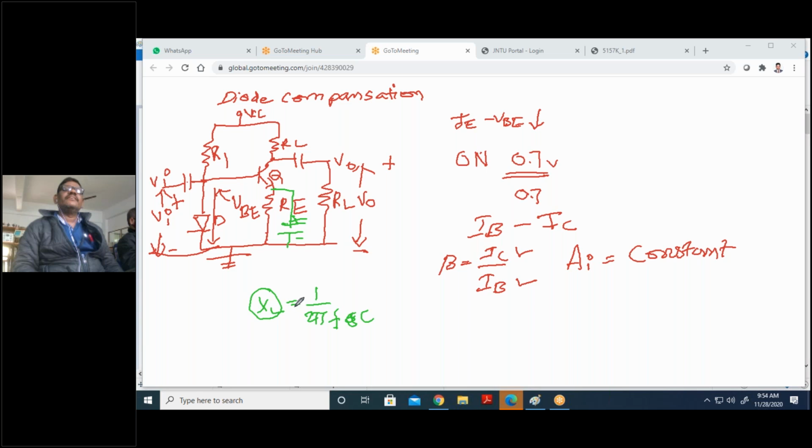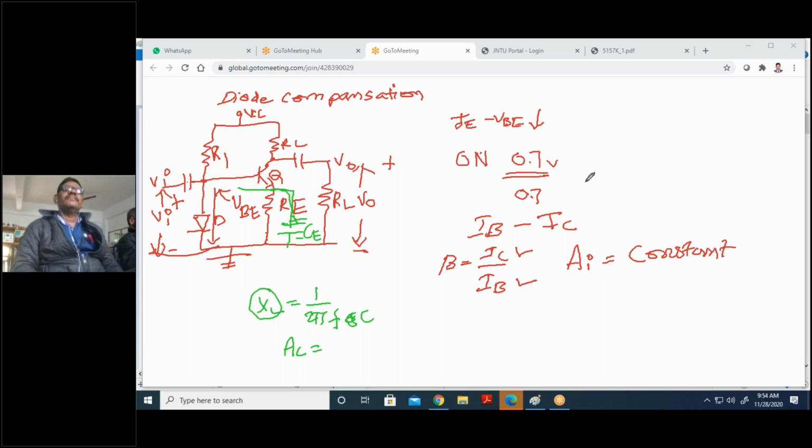So the capacitor allows only AC signals, as opposed to DC signals. The total input AC current flows through CE, which is called the bypass capacitor. The drop across RE automatically decreases, so the output current is constant.